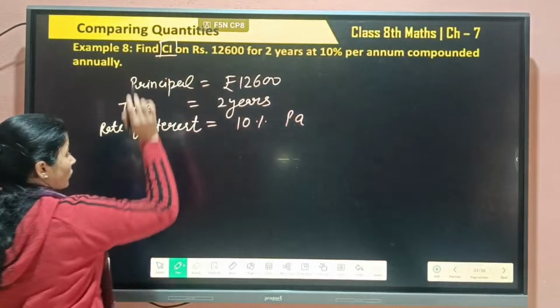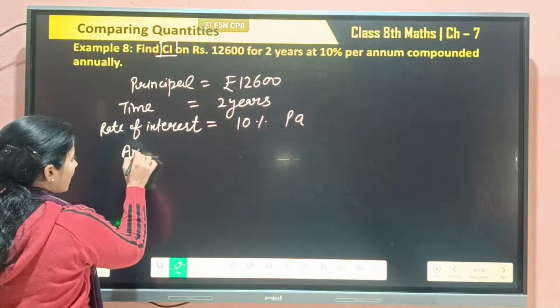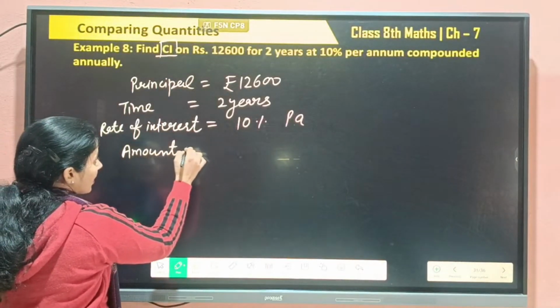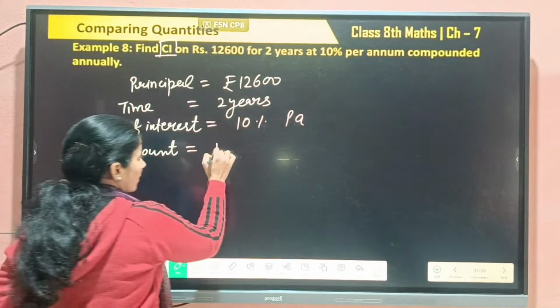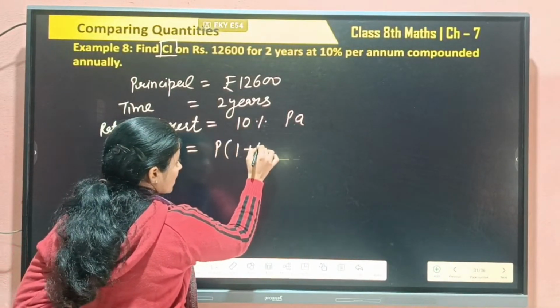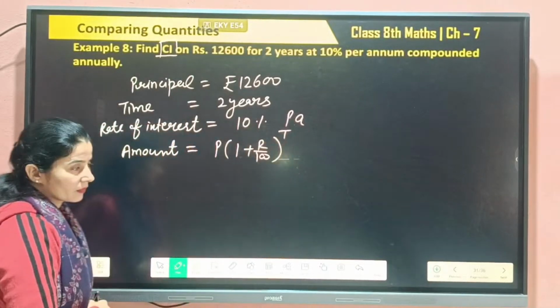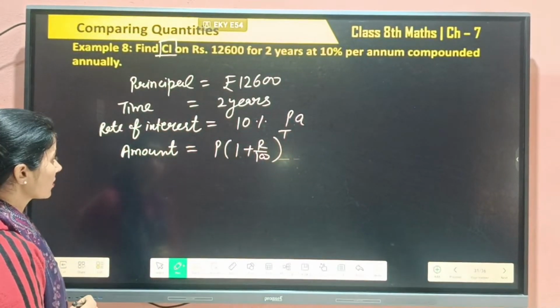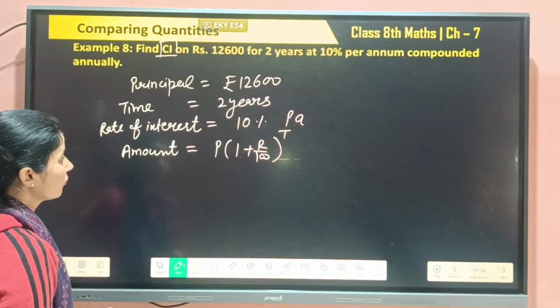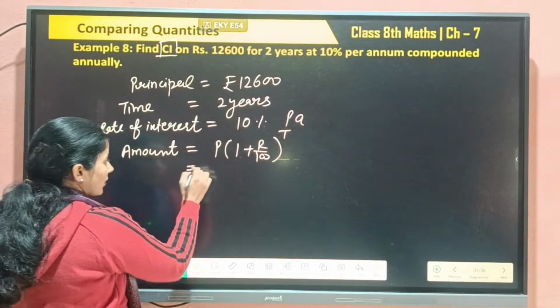We know how we can find out the amount. Amount will be principal into 1 plus r by 100 to the power time. In the introduction video we have already discussed these formulas. First of all, amount.